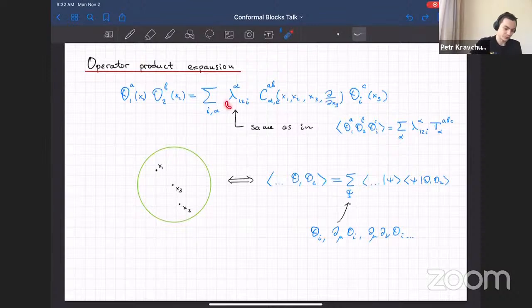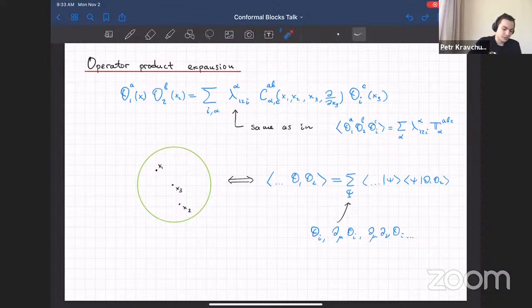So in general you have several OPE coefficients that you need to specify. You can always choose a basis of these functions such that these coefficients are precisely the same as those which appeared in three-point functions. To match them, you can just use the OPE inside of the three-point function, and you'll get an identity between what appears in the OPE and what appears in the three-point function.